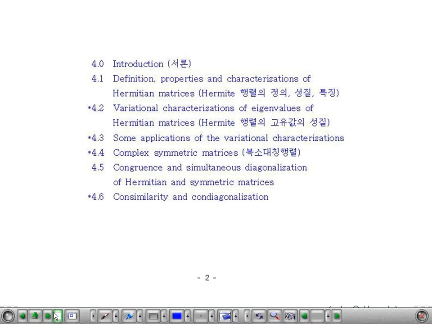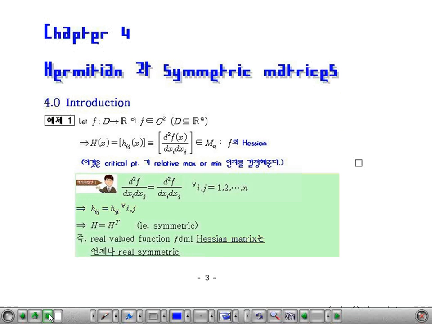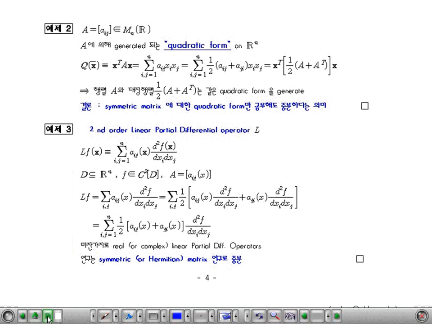Okay, chapter 4. The first part of chapter 4 was a motivation for studying Hermitian and real symmetric matrices, and the Hessian matrix was a major motivation for studying Hermitian matrices.